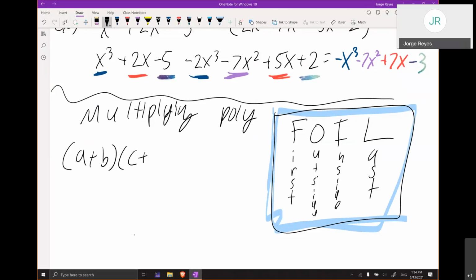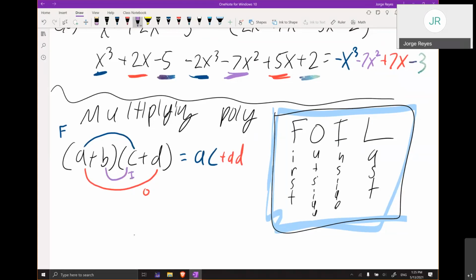So a plus b and c plus d. So I'm gonna follow FOIL. So first, a times c. Outside, plus ad. Inside, plus bc.